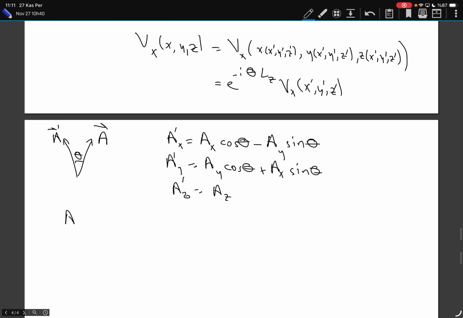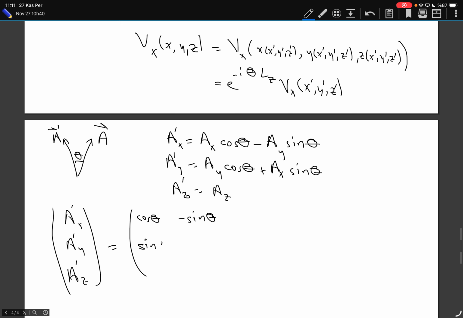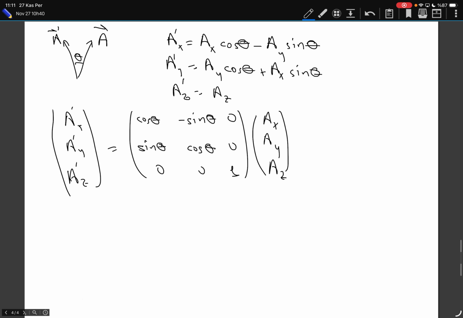So A prime x, A prime y, A prime z is actually the matrix cosine theta, minus sine theta, 0; sine theta, cosine theta, 0; 0, 0, 1, acting on A. This is my Rz of theta.